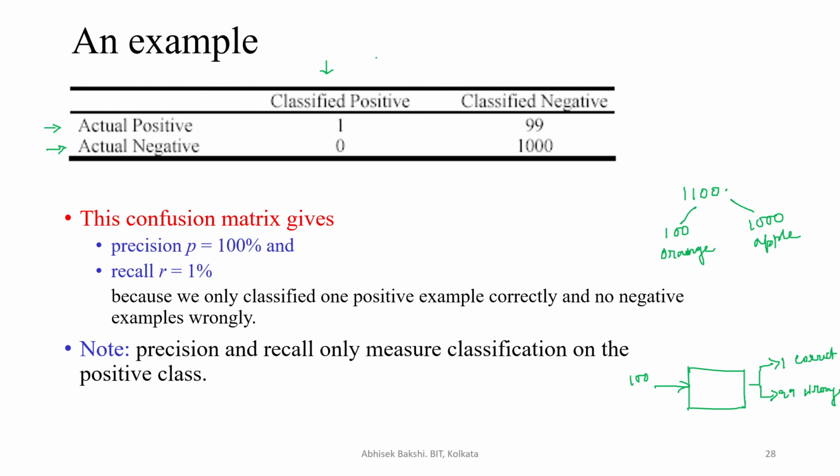Through the column wise, what the model is saying, and through row wise, what the actual it is. So this 0 means what? This 0 means the model can identify apple correctly.